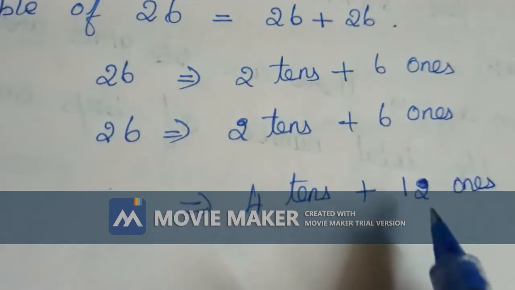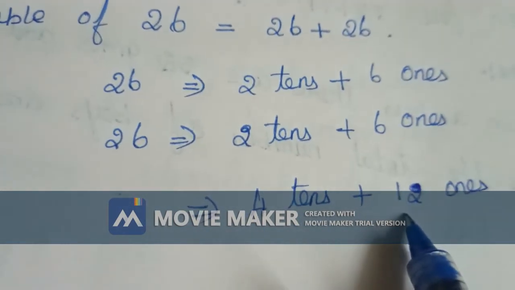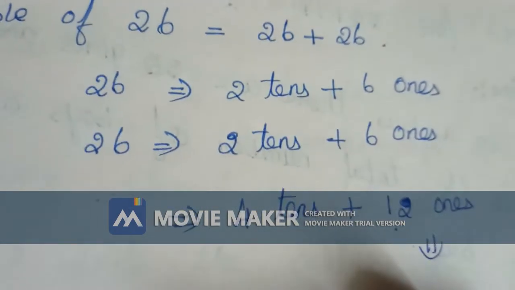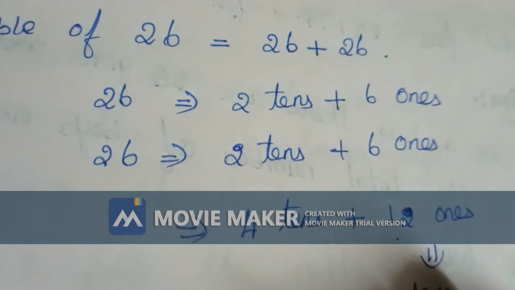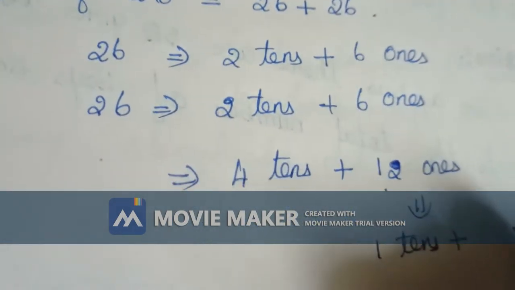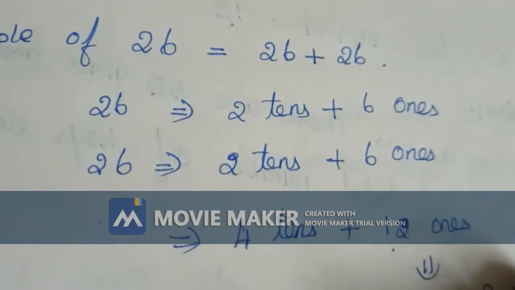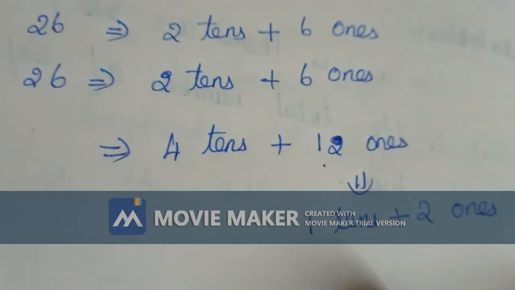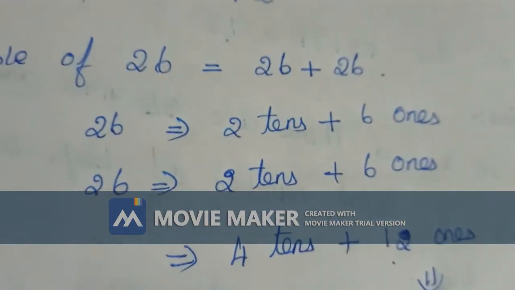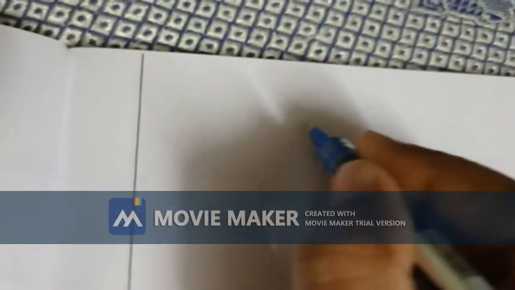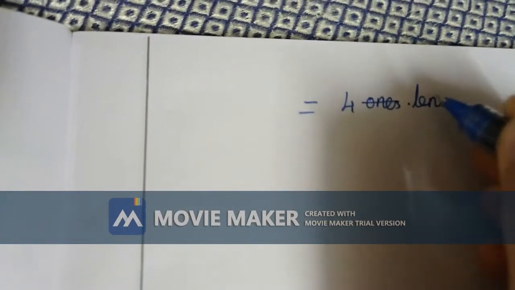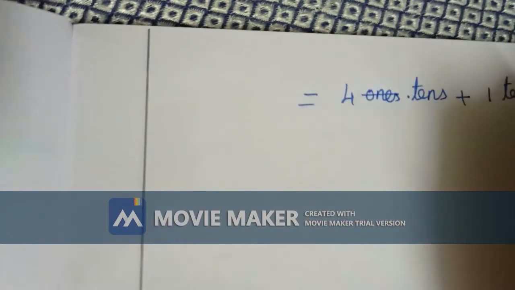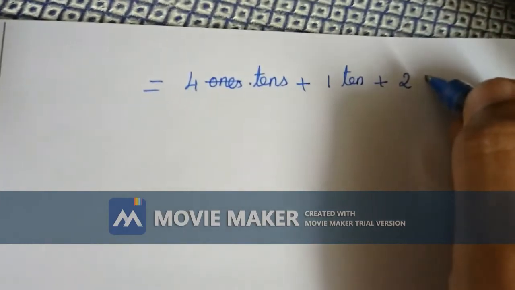So children, in 12 ones you can split the 12 ones like this: 1 ten plus 2 ones. So now you can write 4 tens plus 1 ten plus 2 ones.